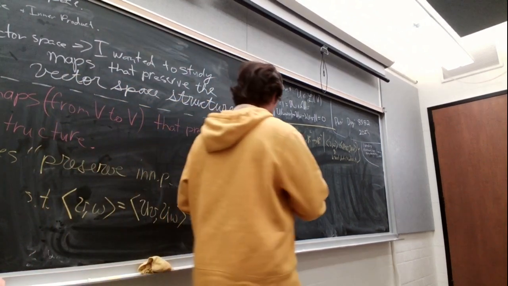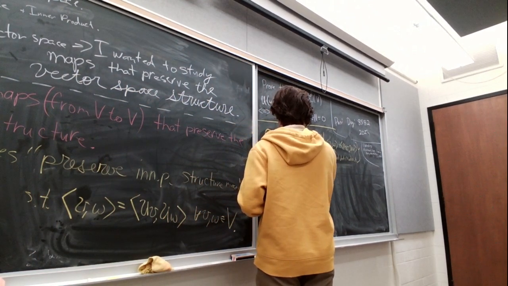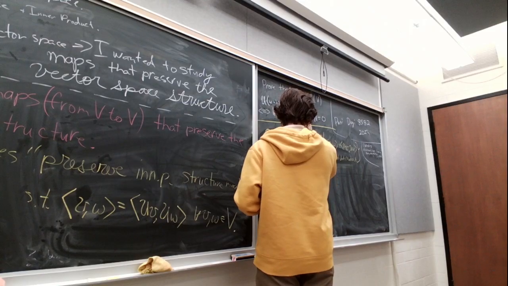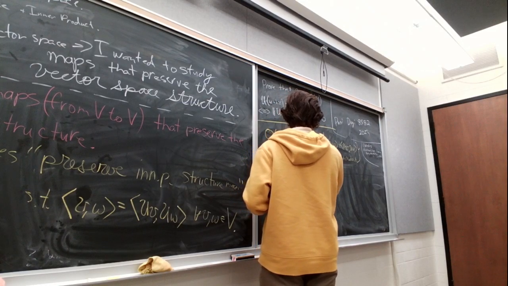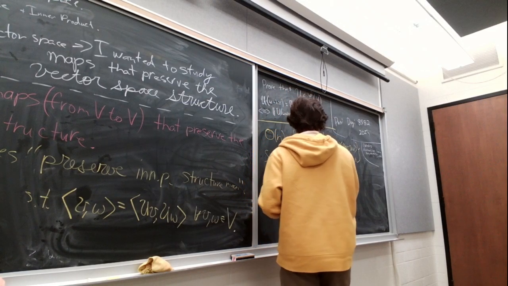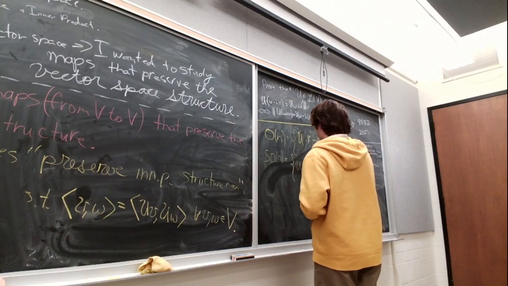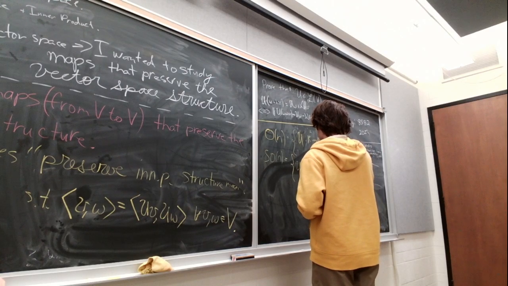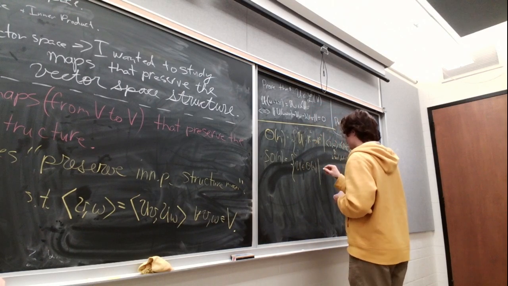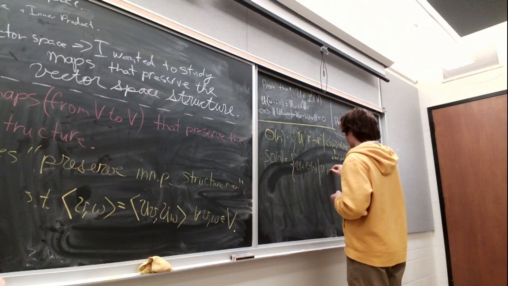So SO_n. I'll say this, but it won't make sense what it means, but you should still write it down. It is all the maps in O_n such that U preserves orientation.